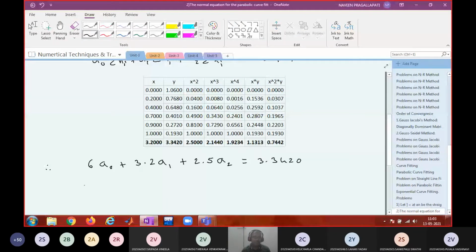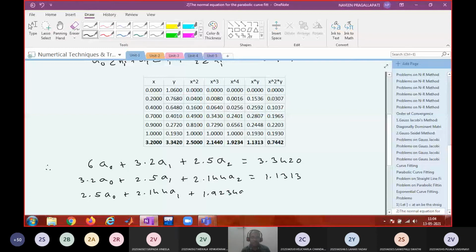Next, 3.2 A0 plus 2.5 A1 plus xi cube, 2.144 A2, equal to sigma xi yi, 1.1313. Next, 2.5 A0 plus 2.144 A1 plus xi power 4, 1.9234 A2, equal to sigma xi square yi, 0.7442. Okay, so these are the normal equations.